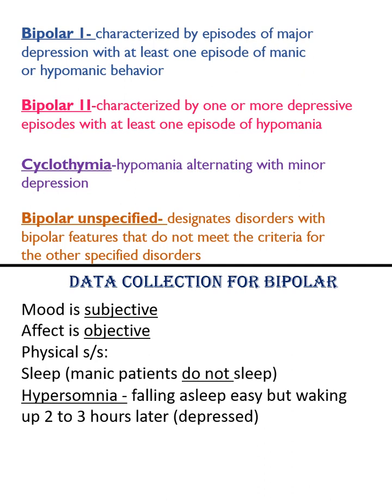Okay. So we have bipolar 1, which is episodes of major depression, and we have some manic or hypomanic episodes. Bipolar 2 is going to have depressive episodes with some hypomania, not mania. Cyclothymia is going to be hypomania with minor depression.